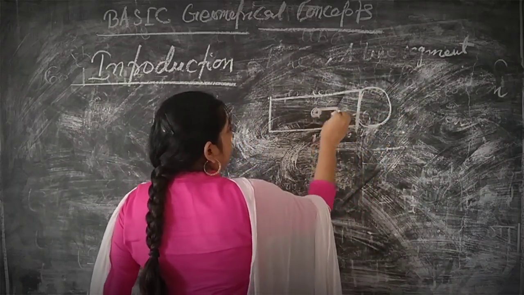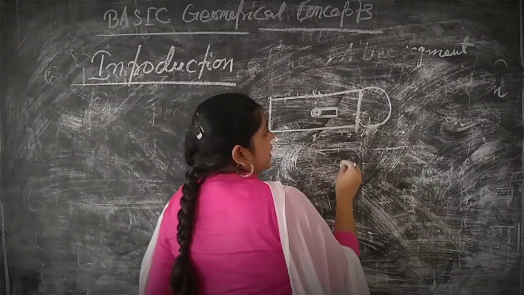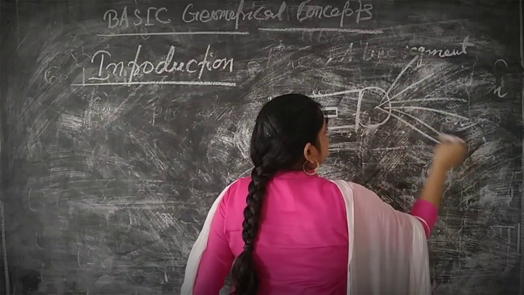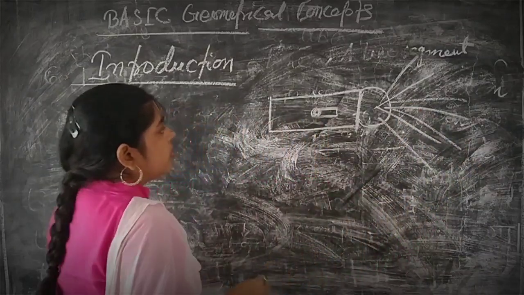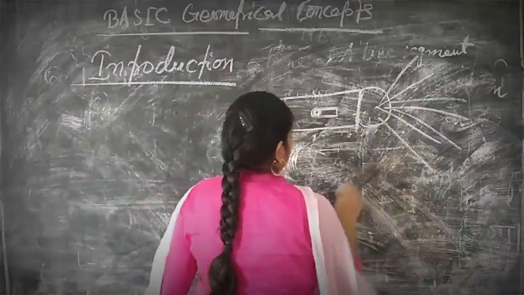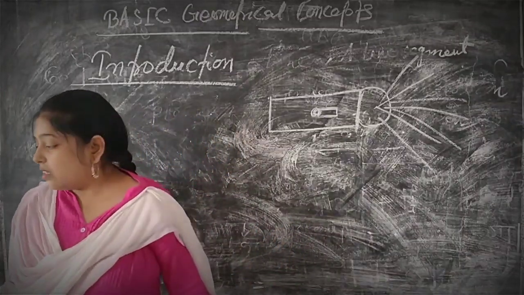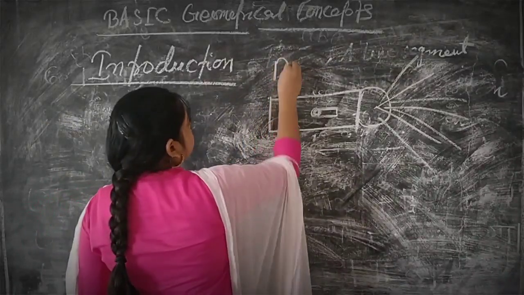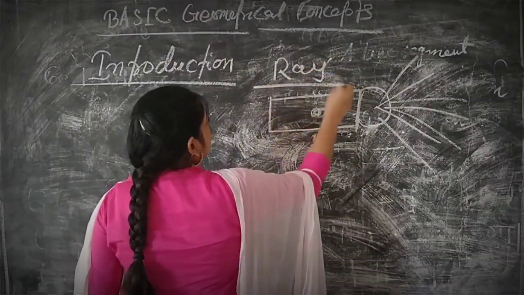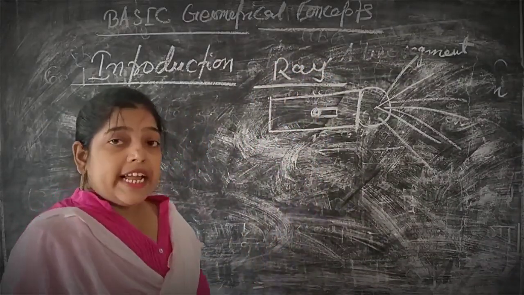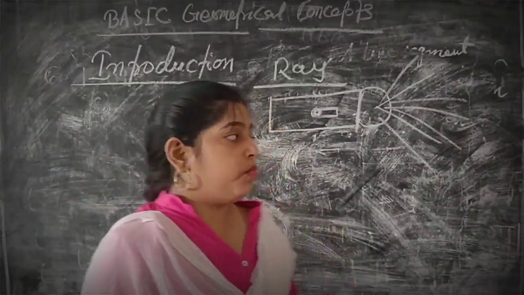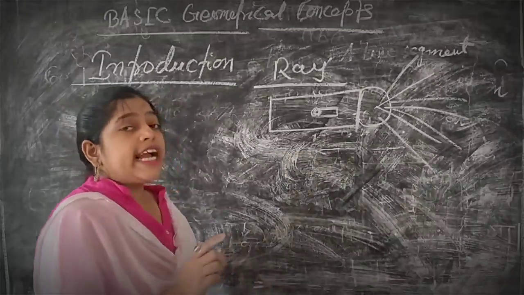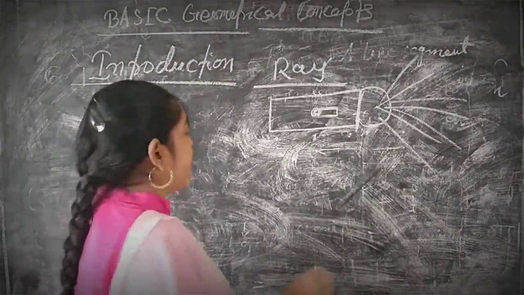This is the symbol of the torch, and look at this side with the flow of light. So this is called a ray. Why is it a ray? Because a ray has only one starting point. It has no definite length. It goes endlessly in only one direction.